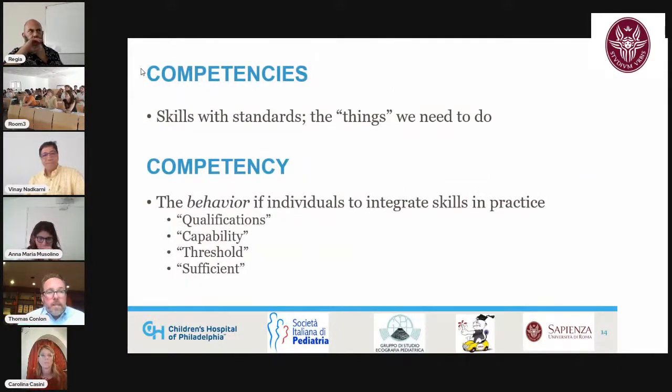So competencies are the things that we need to do, or the applications that we need to learn. Competency is the development of that skill as an individual, or the behavior of individuals to integrate those skills in practice. This comes with certain qualifications that you might need to meet, and it's defined by a capability or a threshold that you can attain to demonstrate that you are capable or have sufficient skill in the practice that you're trying to accomplish.